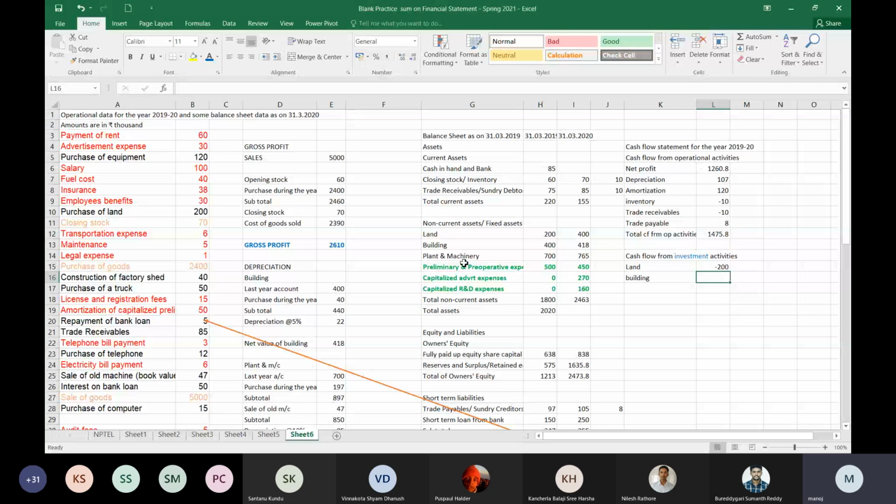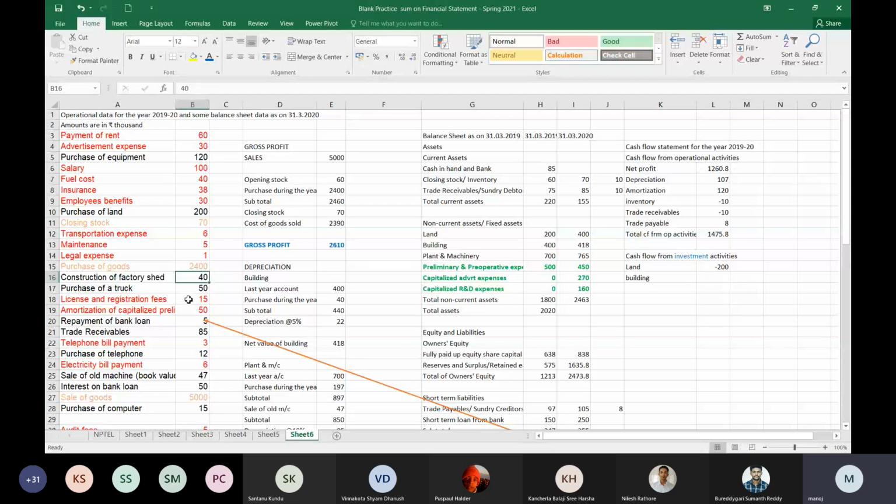Okay. Now building, see, don't go into depreciation and all that, you will get confused. That is why building value should not be taken from here. It should not be taken from the balance sheet. Remember this carefully. Building cash flow should not be taken from the balance sheet. It should be taken from the sale and purchase data. Let us see whether we have bought anything. Purchase of land, purchase of equipment, construction of factory shed.